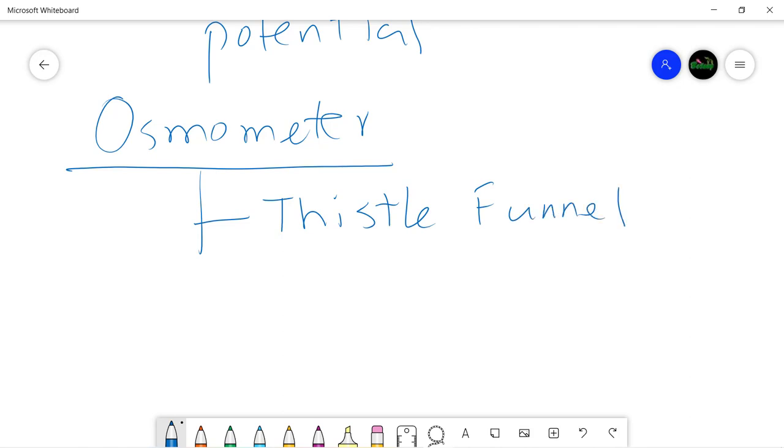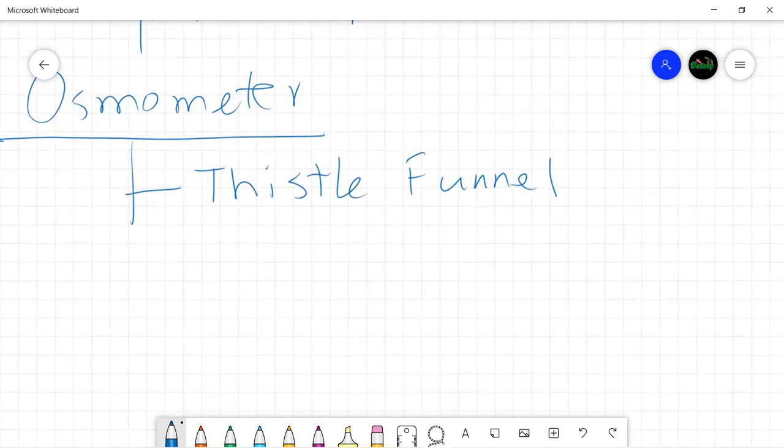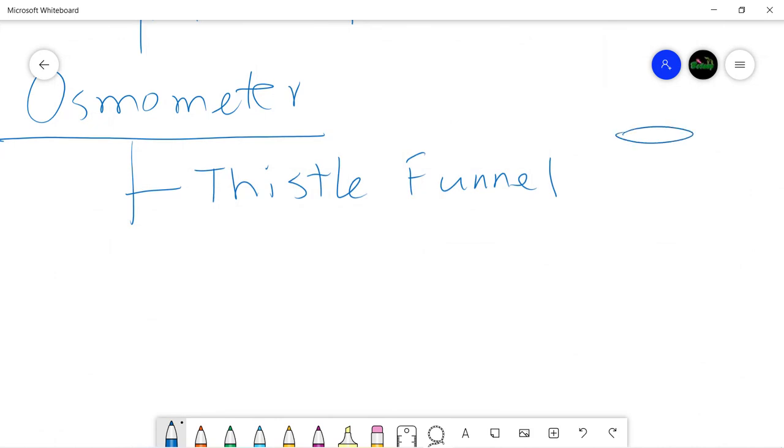But you can use any type of tube. The thistle funnel has a bell-shaped mouth and a long tube. It is somewhat like this. So this is a very ugly thistle funnel that I have drawn. Anyway, a thistle funnel is somewhat like this.